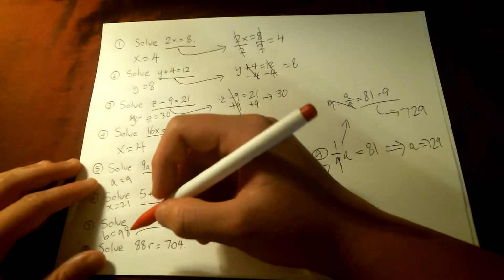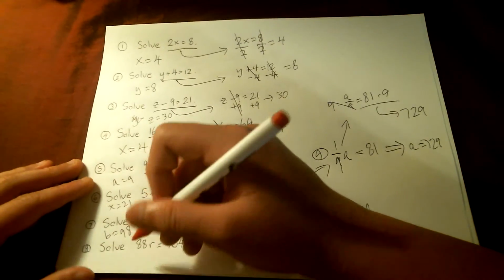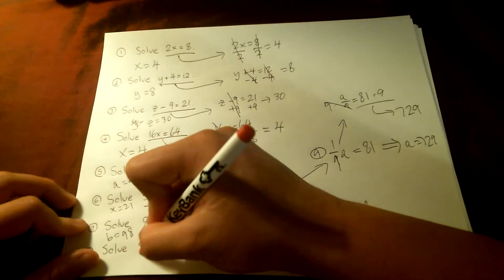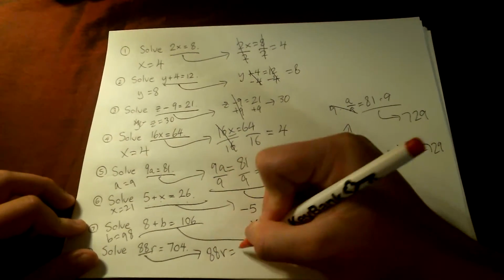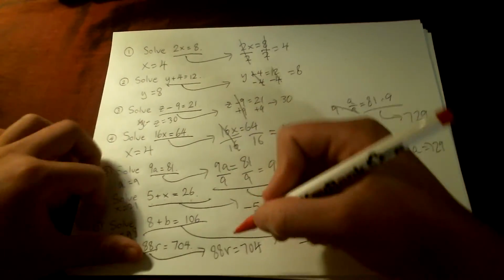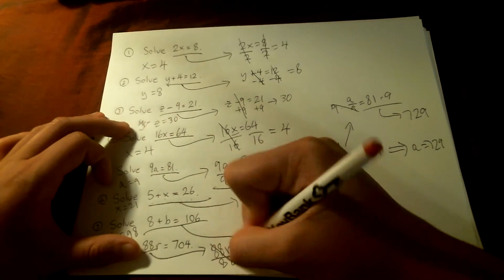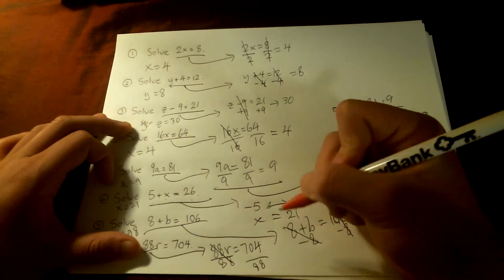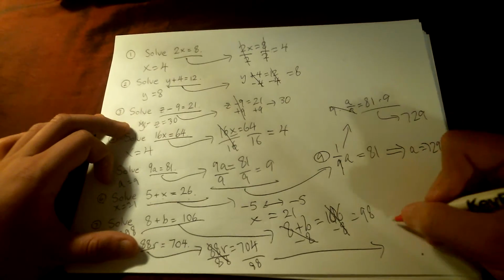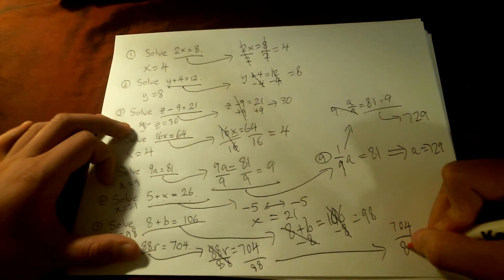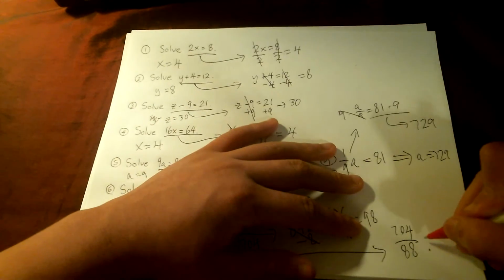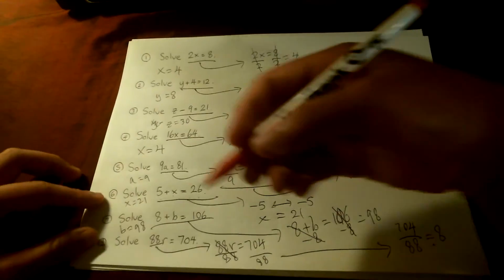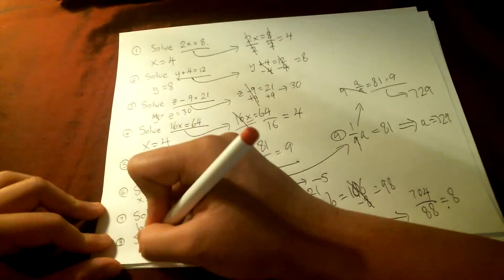This one has very high valued numbers. So this one's 88r equals 704. So we would divide both sides by 88. In this case, 704 over 88 we would have to solve, and that just happens to be 8. So r would equal 8.